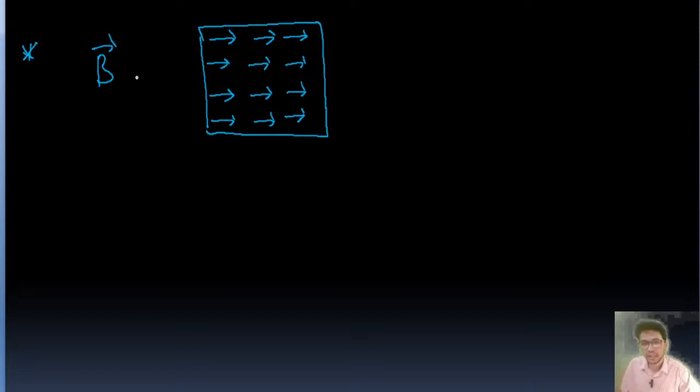Next, in the presence of a magnetic field, the dipoles will arrange themselves parallel to the magnetic field, in the same direction.